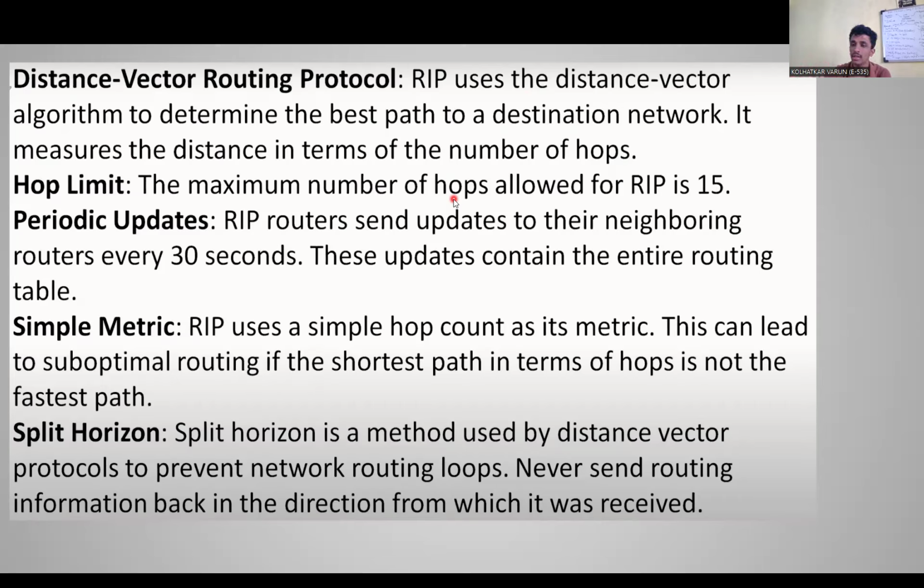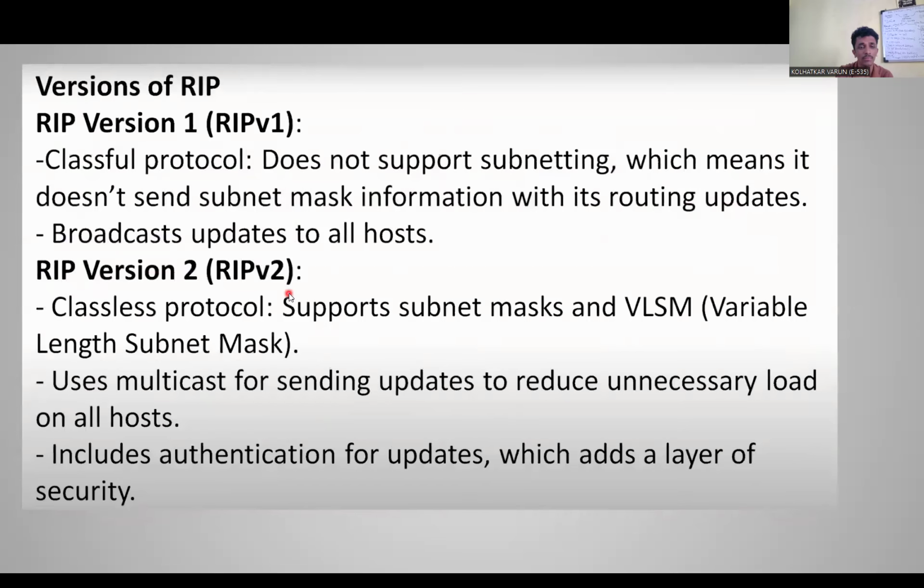After 15 counts, the data or any kind of message won't be forwarded. This RIP protocol forwards updates periodically. This is its significance. It follows the updates over a period of 30 seconds each. So that is the periodic update.